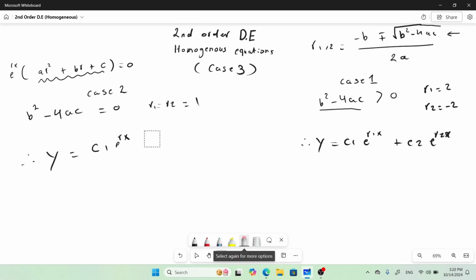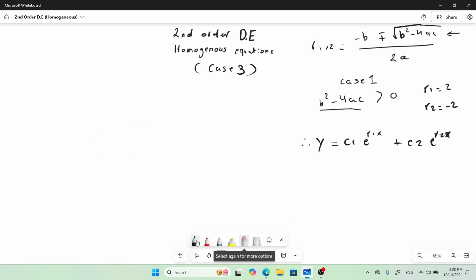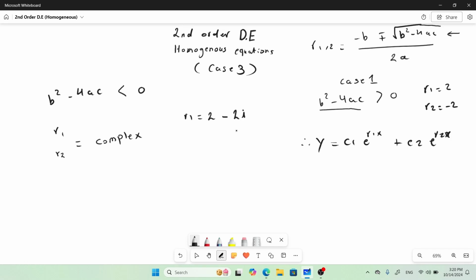Now case 3, if the term b squared minus 4ac is less than 0, therefore our roots r1 and r2 are both complex. For example we have r1 is equal to 2 minus 2i and r2 is equal to 2 plus 2i.